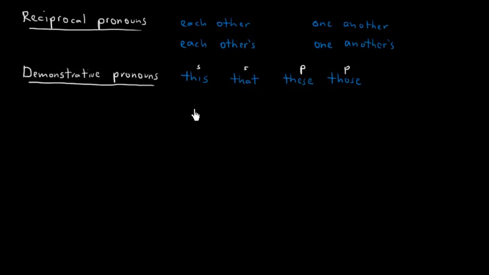And the difference between these and the determiners is how they're used. Determiners are used like an adjective: this dog, that dog. And the demonstrative pronouns are used like a noun phrase: this is a dog. Okay.